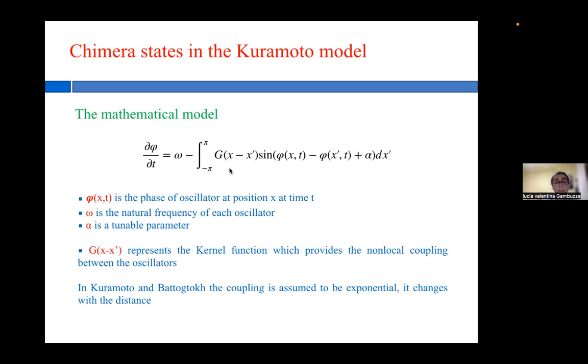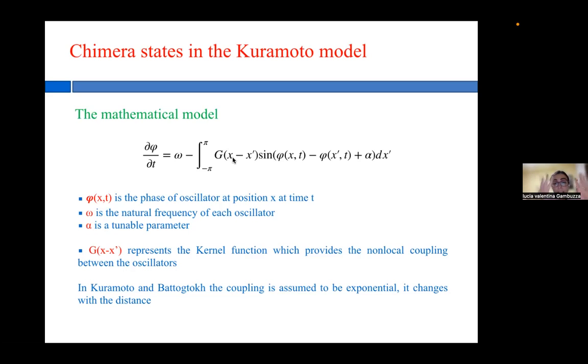The new term in this equation is the presence of this function G, which represents the kernel function. The kernel function gives us information on the way in which we are connecting the nodes in the network.